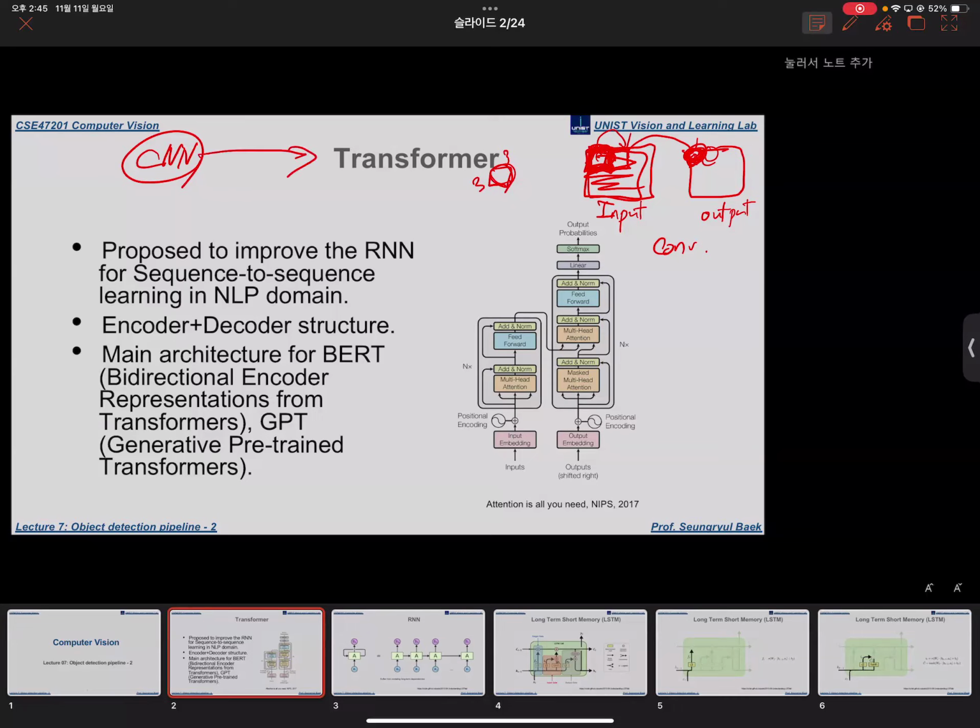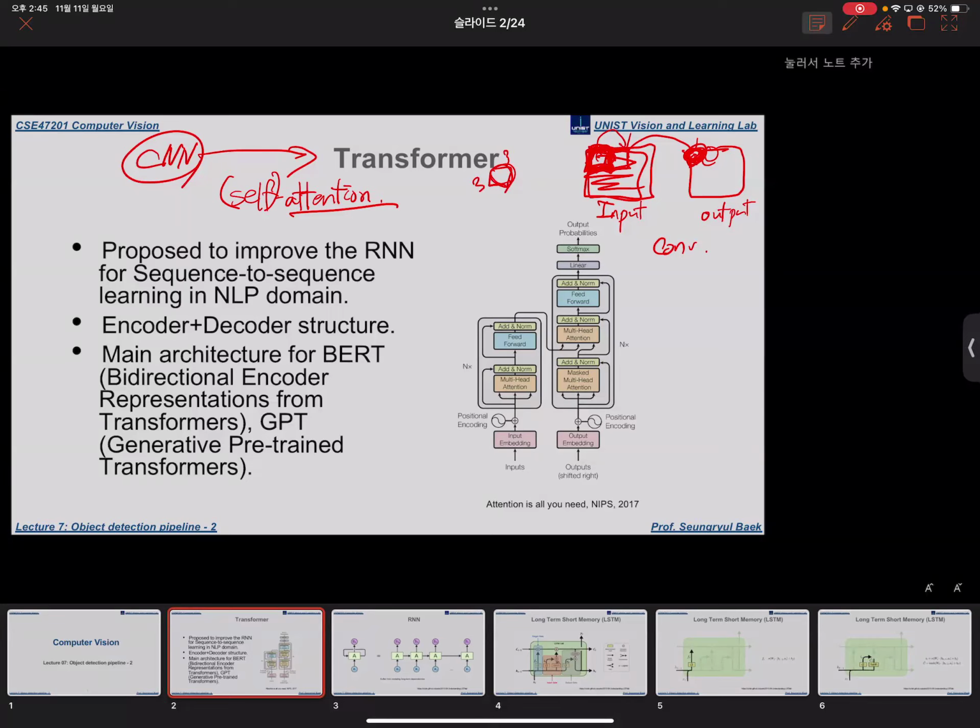But nowadays, people more and more use the transformer architecture. The main operation of this transformer is called self-attention, or the attention mechanism. So instead of the convolution, we mainly use the attention mechanism as the main operation.